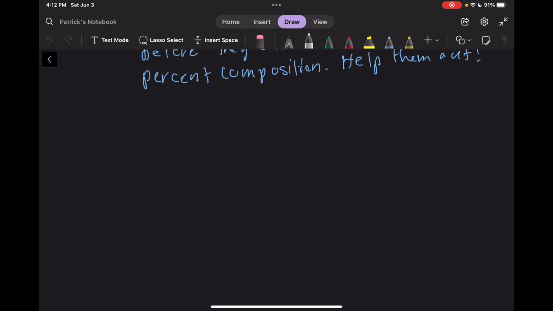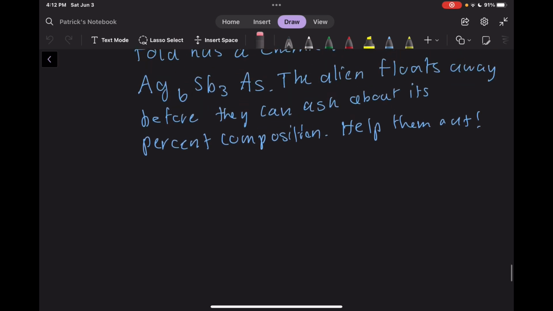Our first step is to disregard the floating alien and focus on the chemical formula here. Unlike last time, we're starting with the chemical formula and working our way backwards. We begin by calculating the molar mass of the mineral as a whole. Ag, or silver, has an atomic weight of 108.